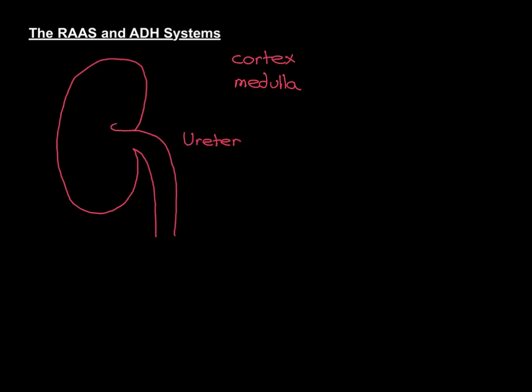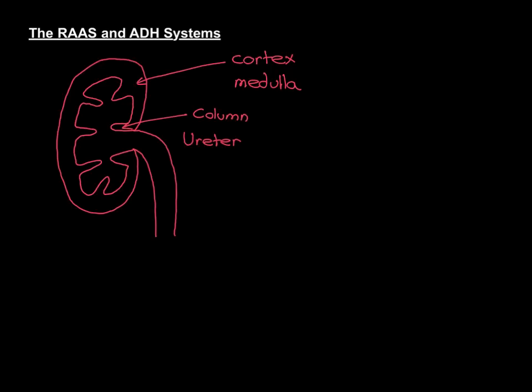Here is a renal column, and then a portion of renal cortex, another renal column. You can see that these renal columns are projections of the cortex inwards that are within the actual medulla tissue. So they're counted as part of the medulla, even though they are the same type of tissue as the renal cortex. So here we go. This tissue here is the renal cortex, and this represents a renal column, which is part of the renal medulla.